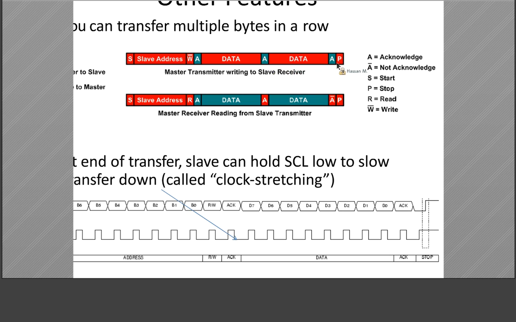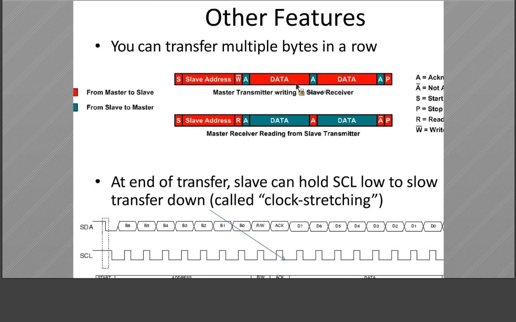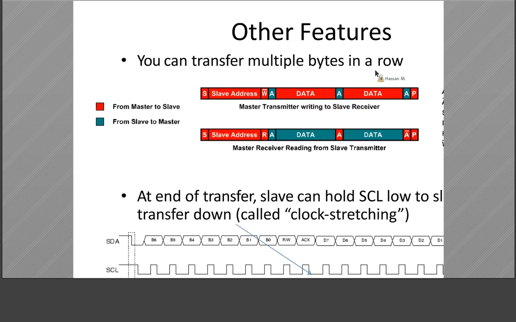Then from the master side, a P, that means a stop. For example, 8 bytes, 5 bytes, 2 bytes, etc. Here you can transfer multiple bytes in a row, a single byte or multiple bytes.